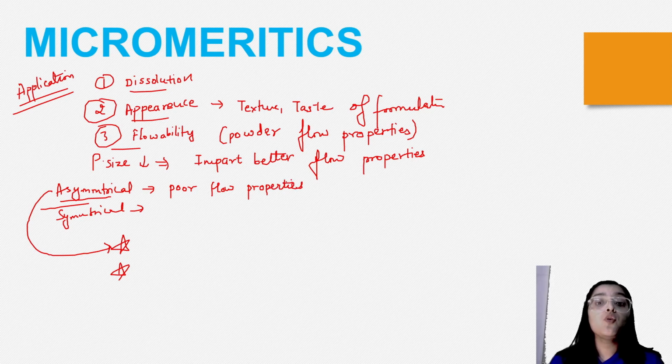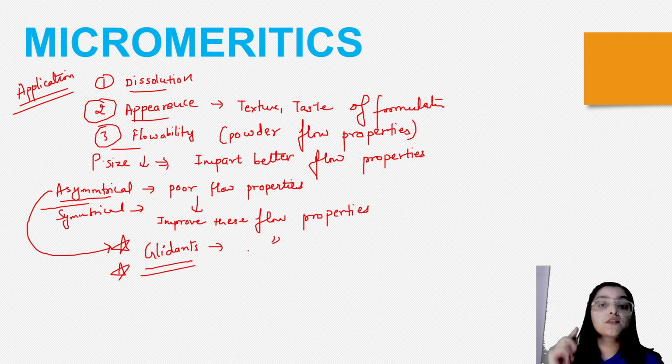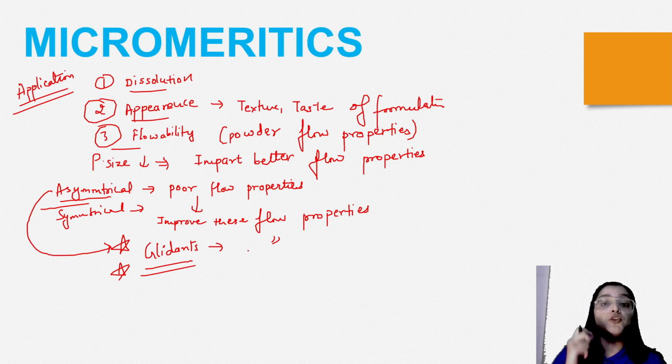Okay, so what can we do? We can improve these flow properties. Very important from the exam point of view: you should know there are certain glidants which can help you improve these flow properties. A direct question will be asked: out of the following, which can be used to improve the powder flow properties?